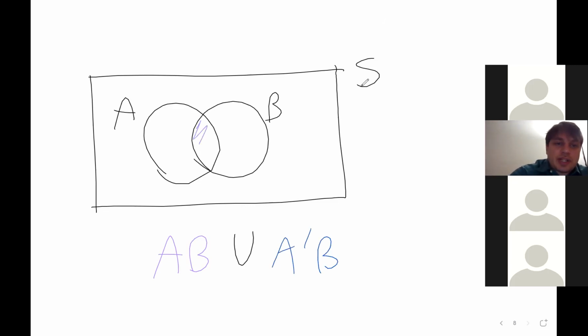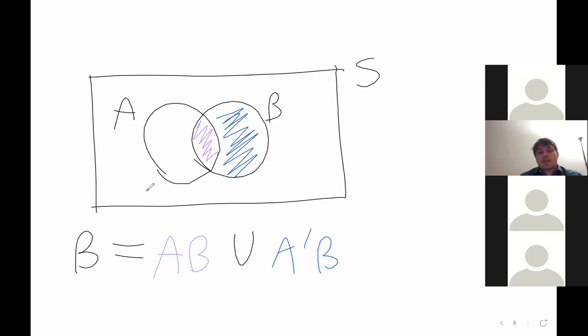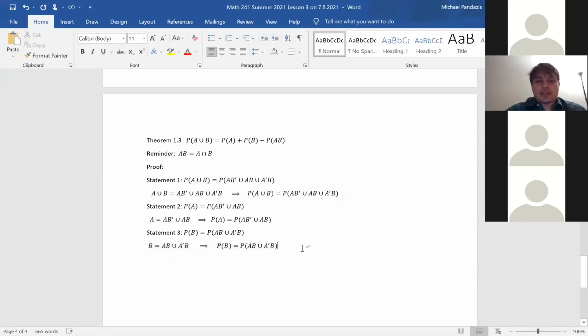AB is the intersection of the two sets, and A prime B is what's not in circle A, but still in circle B. And that's this. So AB union A prime B is equal to B. Okay? So B is equal to AB union A prime B, and so P of B is equal to P of AB union A prime B. And so that's how we get that. So that's statement 3. So we have these 3 statements. This is equal to this, and this is equal to this, and that's equal to that.